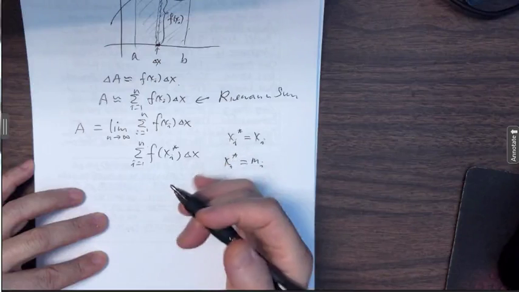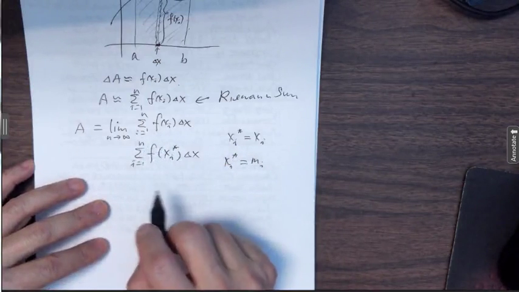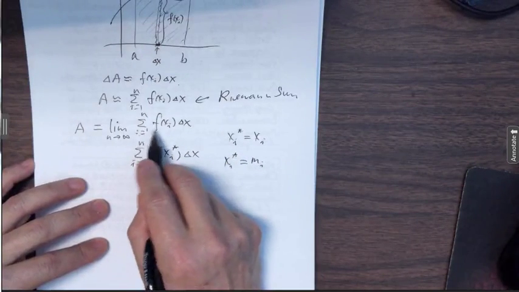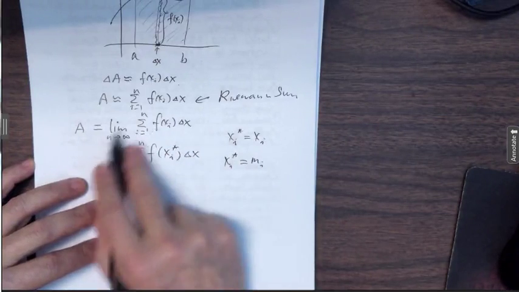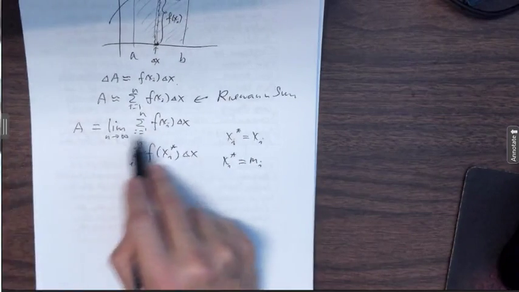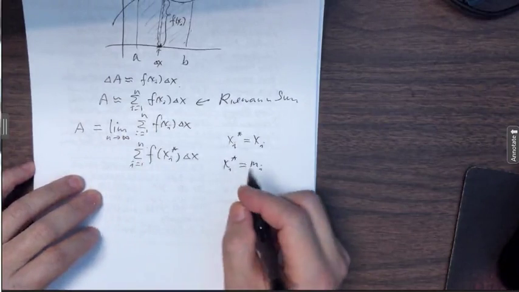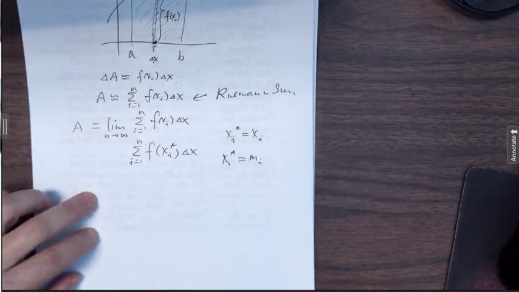Setting up the Riemann sum is one thing. Being able to evaluate or simplify the sum is a big problem. Even if it can be simplified, it's complicated. Such a limit expression is very difficult to evaluate.